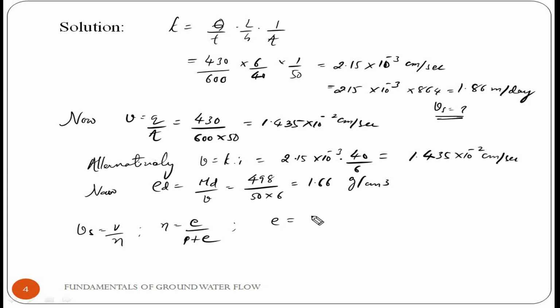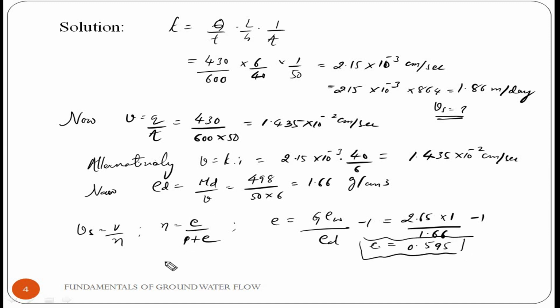So e we can calculate using the specific gravity of solids given, e is equal to G times rho w divided by rho d minus 1. So now e we can get it as G is 2.65, into unit weight of water 1, divided by 1.66, just now rho d we have calculated, minus 1, so it will be coming around e value 0.595. So this is the e value.